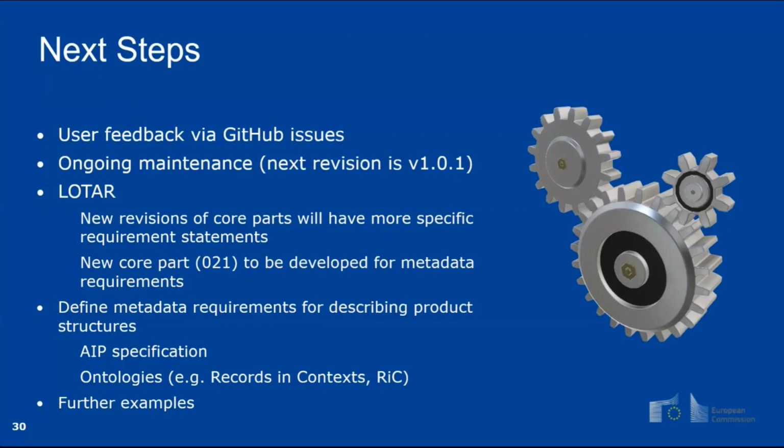And lastly, we talked about the family of specifications, and one of the common themes which comes out of the 3D work is that very often the specification, let's say a specific specification for producing an AIP for a part of a much larger product, is often part of a larger structure.